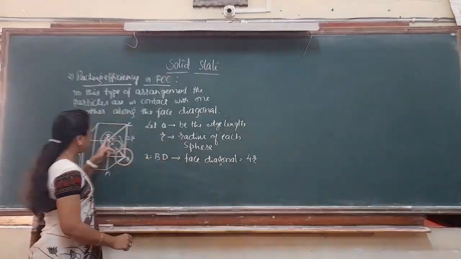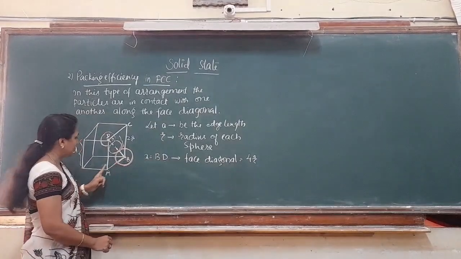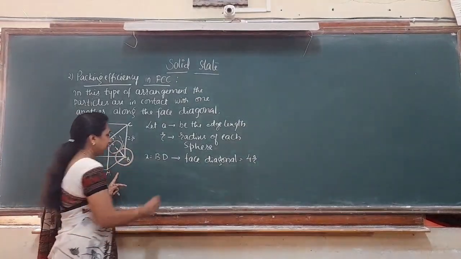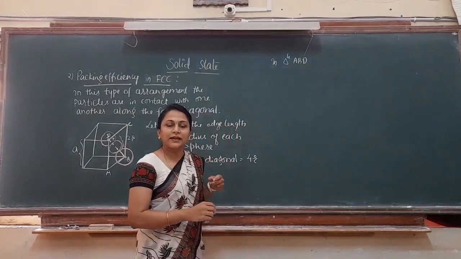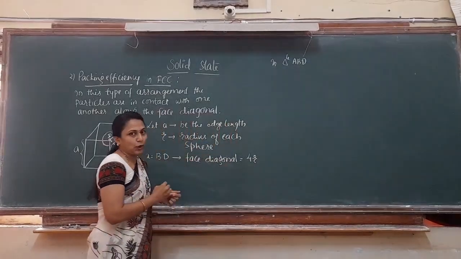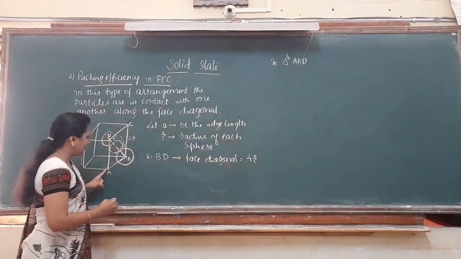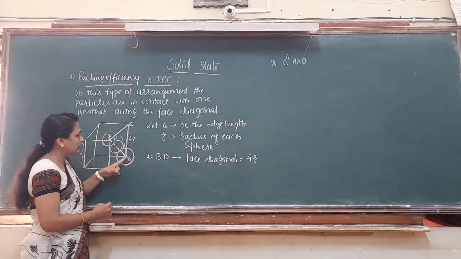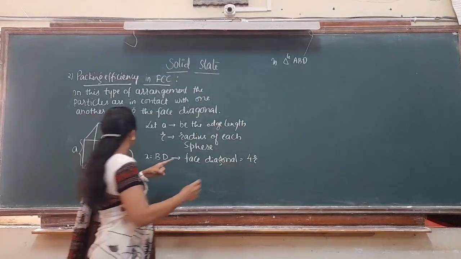Now consider one triangle, that is ABD. This is a right angled triangle. In triangle ABD, by applying the Pythagoras theorem, we can write AB square plus AD square is equal to DB square.